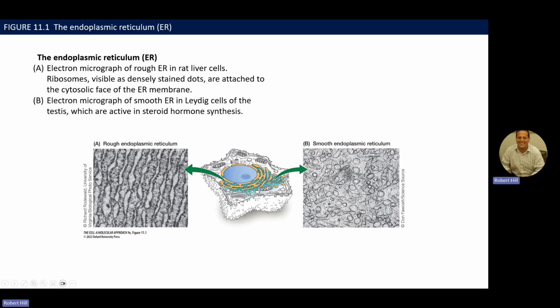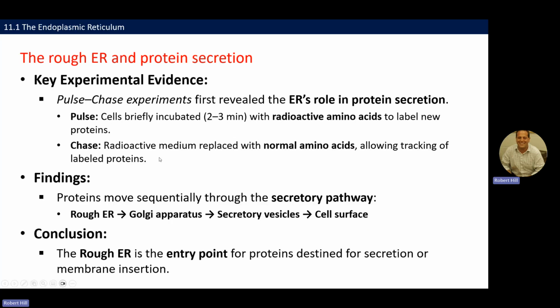And the smooth ER lacks those ribosomes and is the site of lipid synthesis.